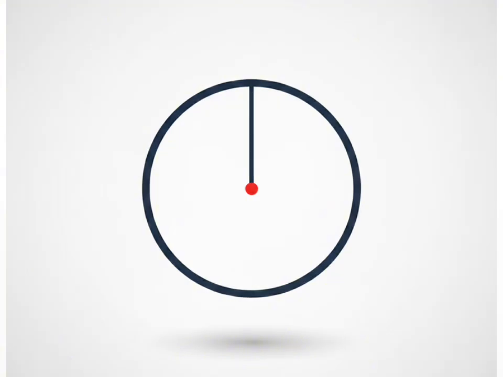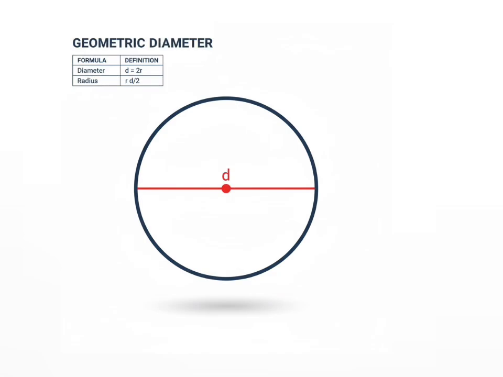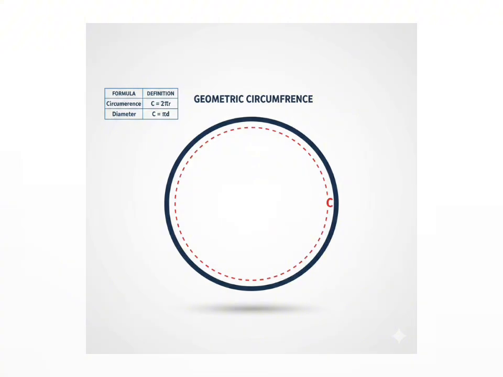Radius. What's a radius? It is a distance from the center of the circle to any point of the path or circumference. Diameter. Diameter is basically a straight line starting from one side of the circumference to the other, crossing from the middle. This is the circumference, the path of the circle.